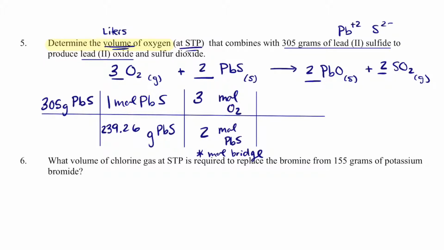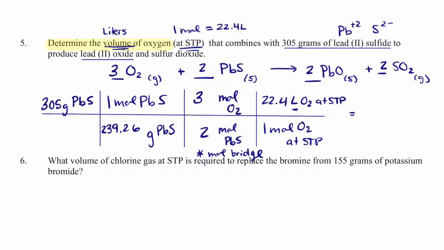And I'm at STP, so that is where 1 mole of gas equals 22.4 liters. So I can say 1 mole of oxygen at STP equals 22.4 liters of oxygen at STP. Now that I'm at liters, that's what I needed to solve for. And so when I math this out, I actually get 42.8 liters of oxygen.